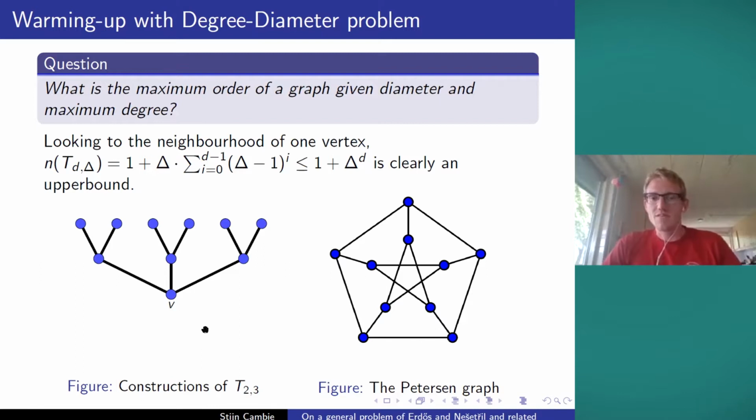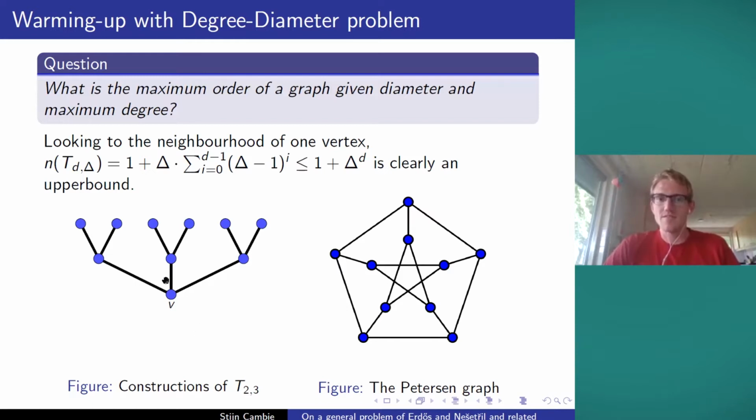So for the extremal graph, if instead of looking at the diameter, you just say that all vertices are at a distance at most d from a vertex v and the maximum degree is delta, the maximum bound will be attained by a tree looking like the one on the left, which is a rooted tree with radius d, such that every non-leaf has degree exactly equal to delta.